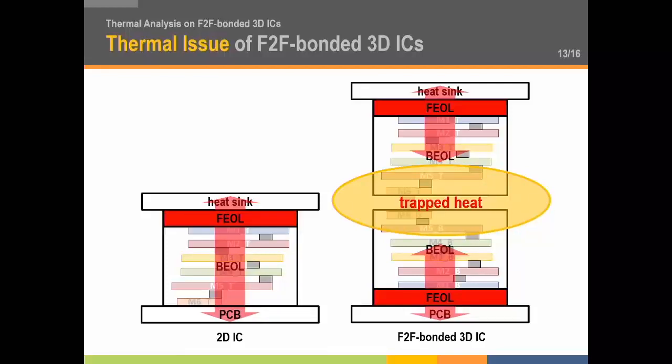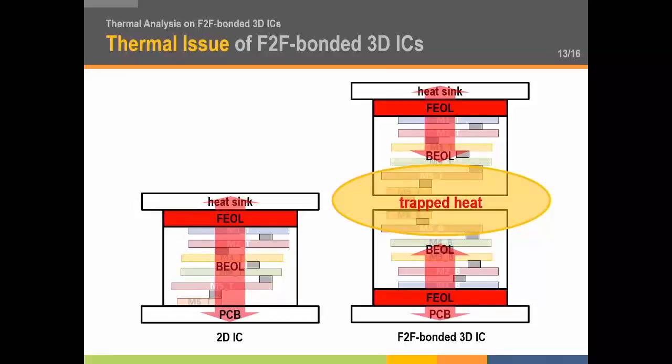This is a baseline and a very initial structure that we assumed. In this structure, even if the power consumption of the top and bottom tier active layers is lower than the 2D design, the trapped heat is higher, because that 20% power saving cannot solve this trapped heat.